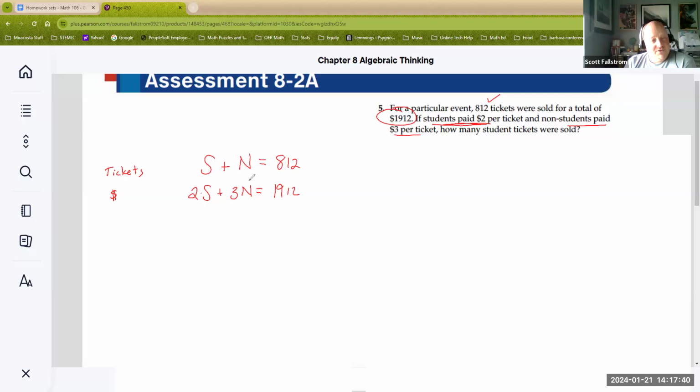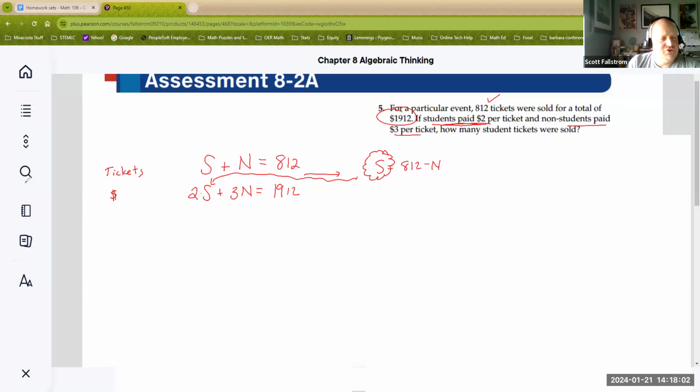Now, if I want to, I could go through and do something known as substitution, where I rewrite this as 812 minus N, and then wherever I see an S, right here, I just plug that in. Now I have an equation that has nothing but N's in it, and we're good to go. Okay, that's one option.